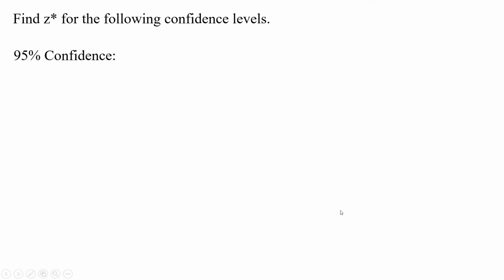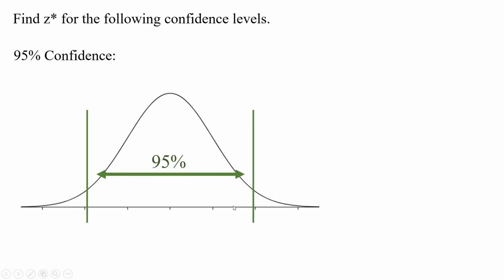Let's say we want to be 95% confident. Okay. 95% confidence, 95% in the middle, which is 2.5% in each tail. Now, hopefully this looks familiar because this is part of the empirical rule. If you remember the empirical rule, 68, 95, 99.7.